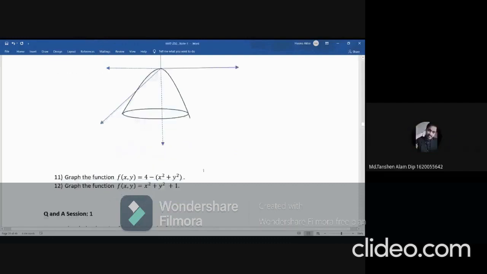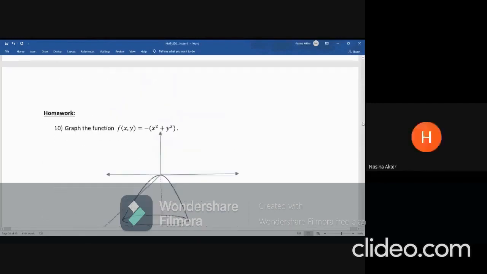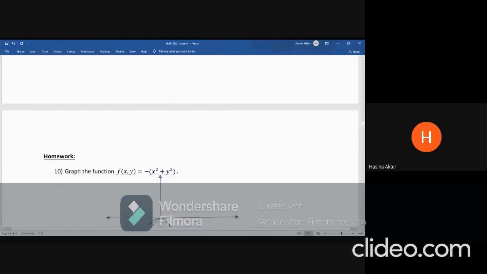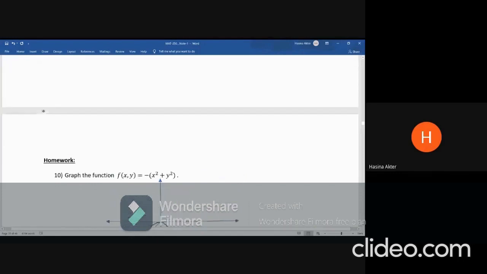Ma'am, the upward arrow is Z, and the reflection is minus Z, right? Of course, because we have studied that Z is the vertical axis, and the portion of the Z axis above the XY plane is the positive portion.